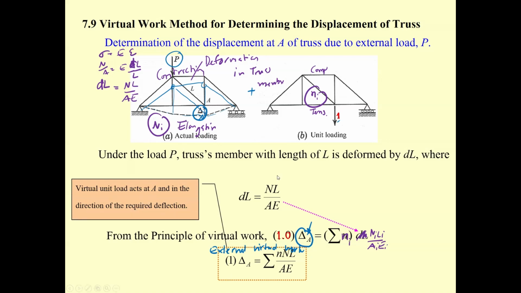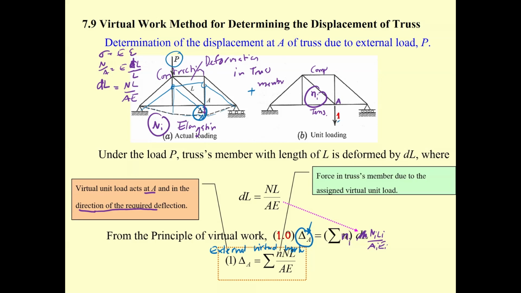You have to put it at the point where you are looking for the deformation, at point A, and in the direction of the required deflection. Then this is going to be your forces in the truss members due to the 1.0 unit load.